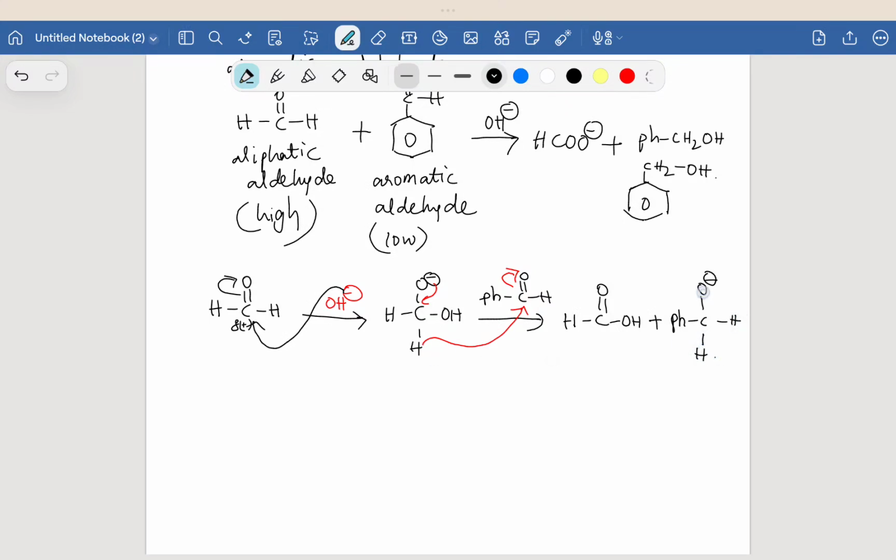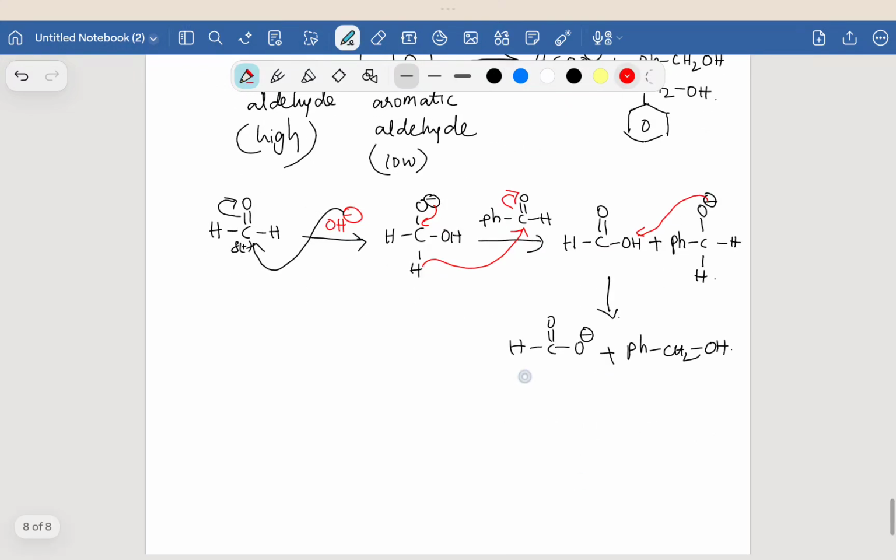Next, this oxygen takes the hydrogen, a proton shift takes place, then it forms H C double bond O O minus and Ph CH2 OH. These are the products. So what is this? Carboxylate, the salt of an acid, and alcohol, benzyl alcohol.